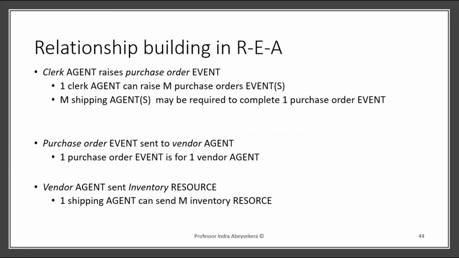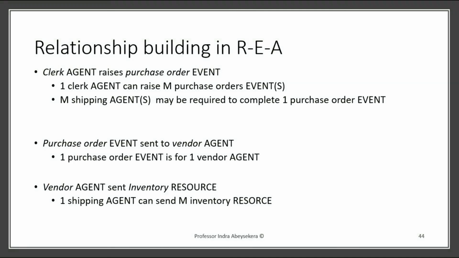So if you look at relationship building in REA, if you take an example, clerk is the agent that raises the purchase order, which is an event. Purchase order, which is an event, is sent to a vendor who is an agent.